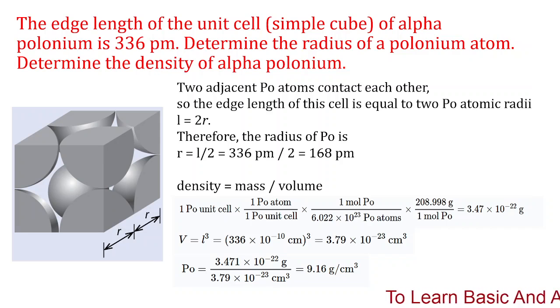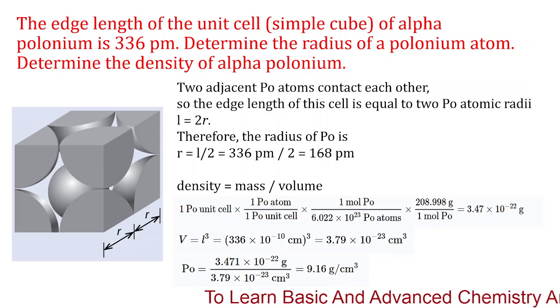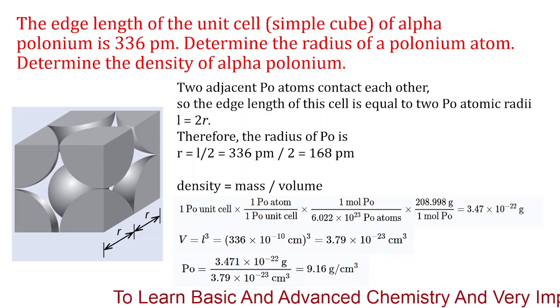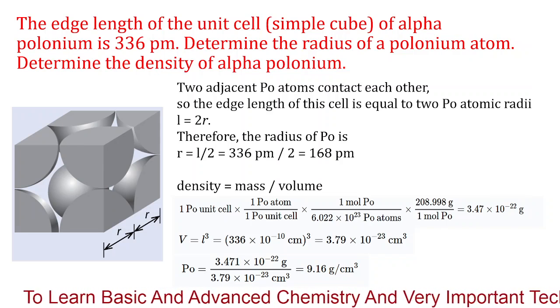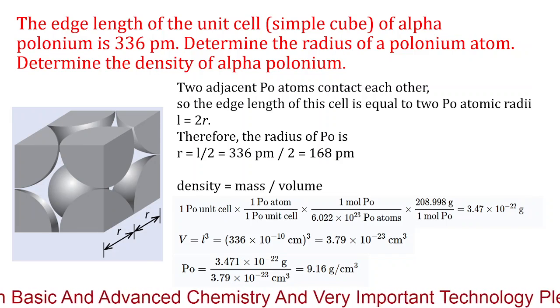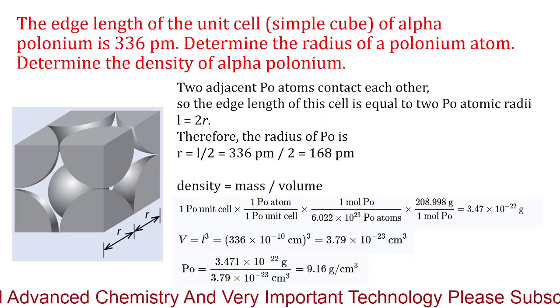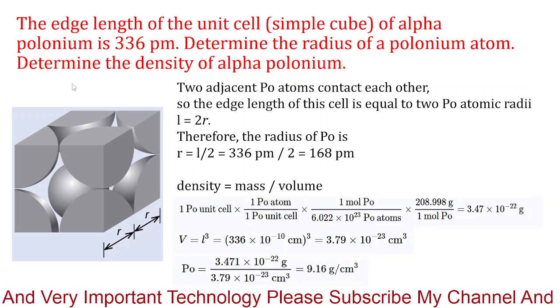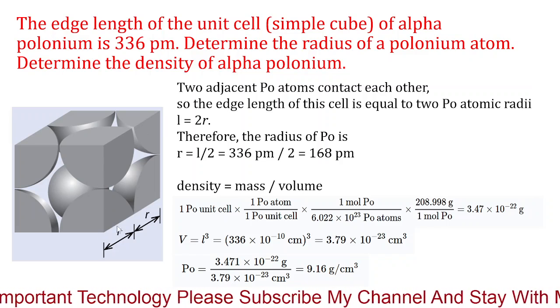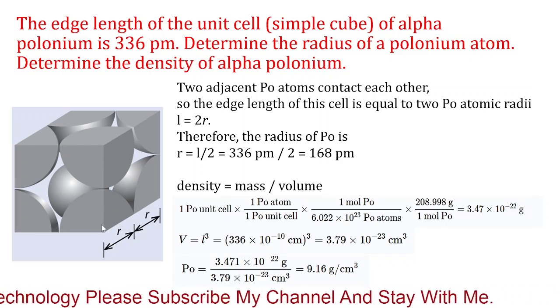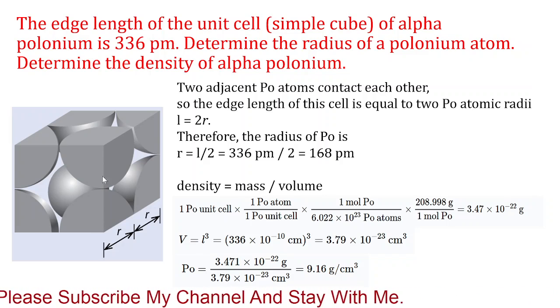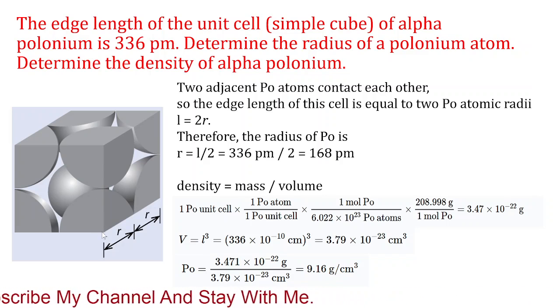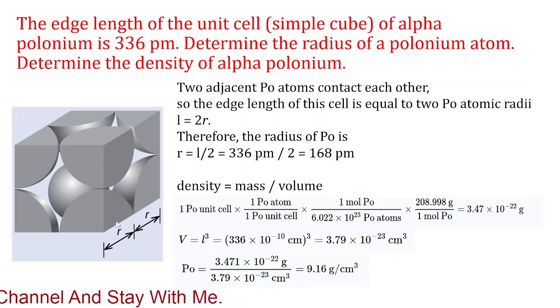But if we have a different structure, that means if we have face centered or body centered or something else, in that case we need to think how many atoms can be placed in between the edge or the length.